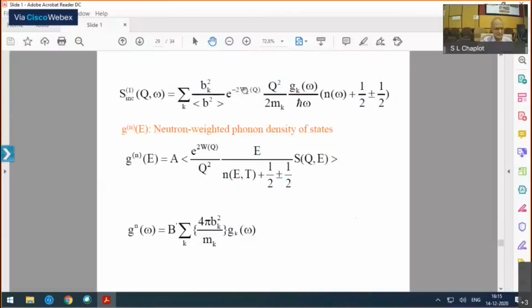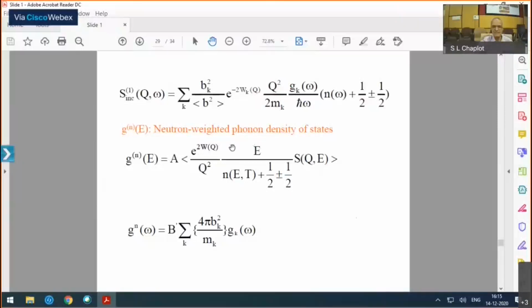As I said, the Debye-Waller factor is extremely important, and you can only take care of it by using a good calculation of the lattice dynamics. Experimentally, in all the major laboratories, they will reduce the data and give you the neutron weighted density of states by assuming that the Debye-Waller factor is an average term between all the atoms, and you can get the average term by some kind of iterative process.